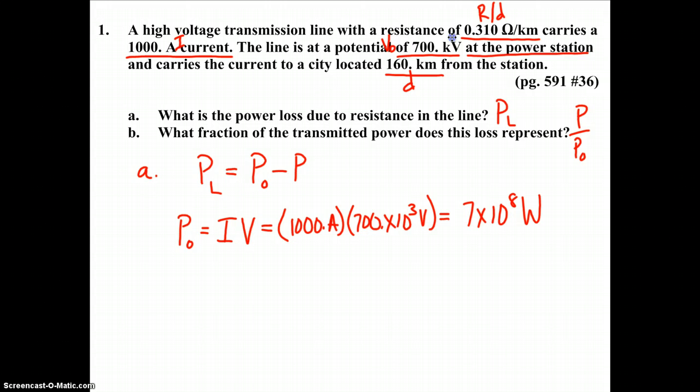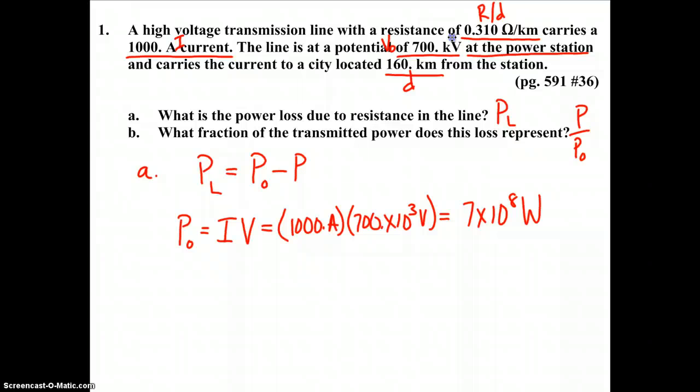All right, so now we have the initial power, now we have to figure out the final power. That means we need 2 electrical variables for the final power. We already have one because of the electrical characteristic that doesn't change in this problem. You can think of the wire, the long line carrying the electricity, as a long resistor, a long series circuit, one path for the current to flow.